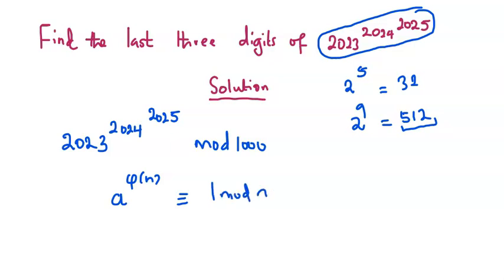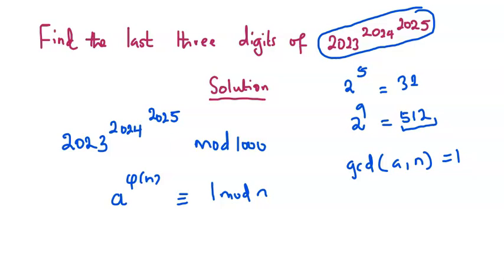Here a and n are co-prime positive integers whose GCD, that is the greatest common divisor of a and n, is equal to 1. You get the idea?